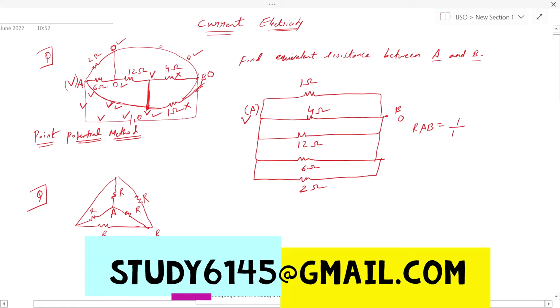13 by 12. No, a little mistake. Just solve it again. 25 by 12, even now it's a mistake.